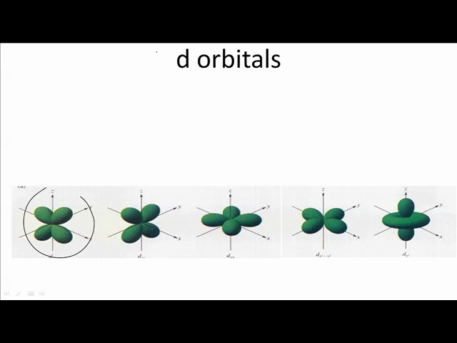There are 5 d orbitals in a d sublevel, and they start on energy level 3.